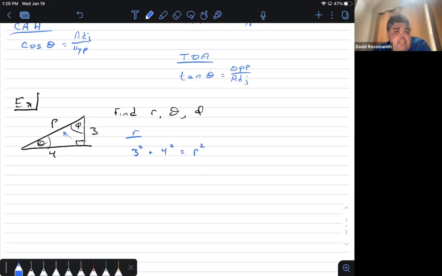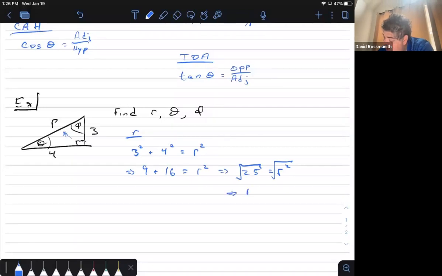Okay. And now it's just an algebraic problem. How do I calculate? Simplify it. 3 squared is 9 plus 4 squared is 16 is r squared. 9 plus 16 is 25 is equal to r squared. But I don't want r squared. I want r. So get rid of the square by taking the square root.